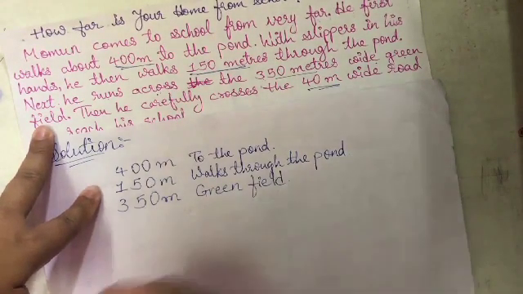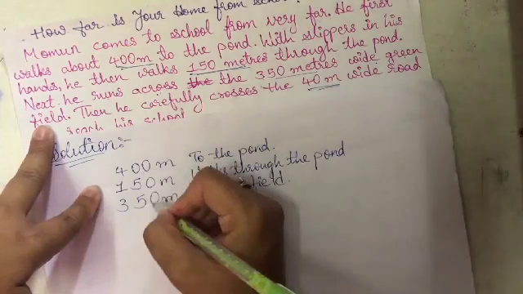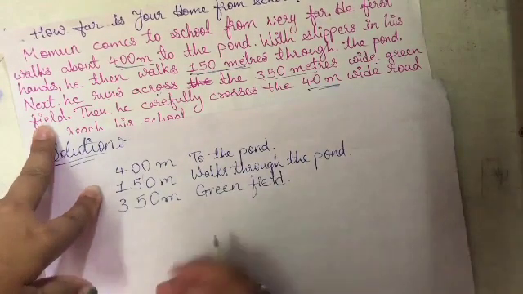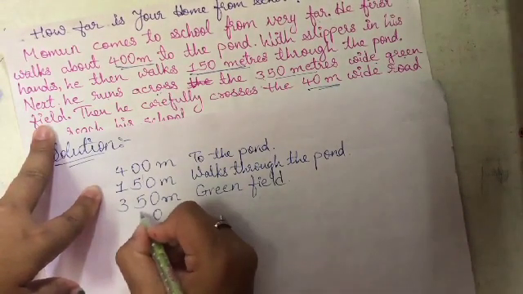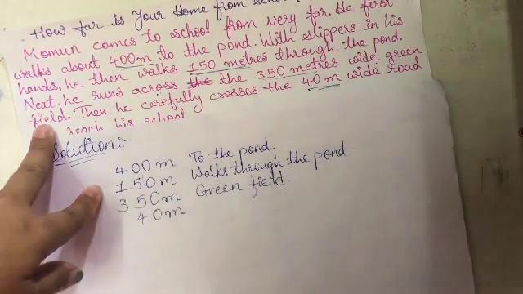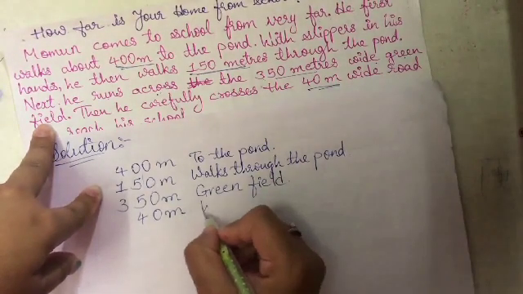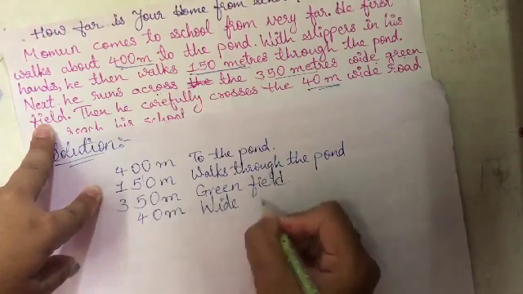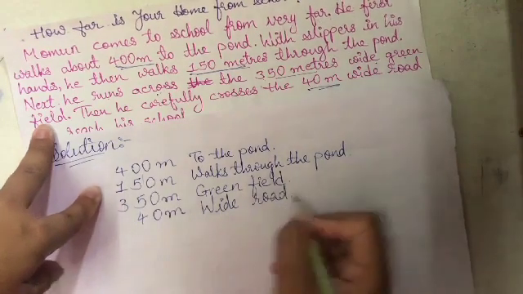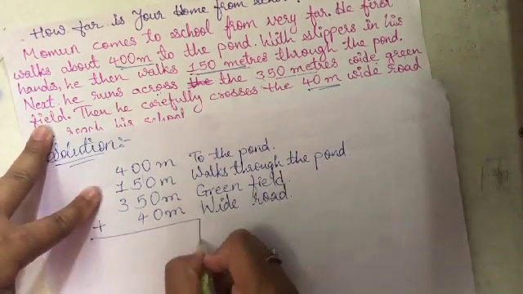But 40 meter is in 2 digits and all the others are in 3 digits. How should we write it? From the right side, right? 40 meter. Wide road it is. What we have to do is addition.